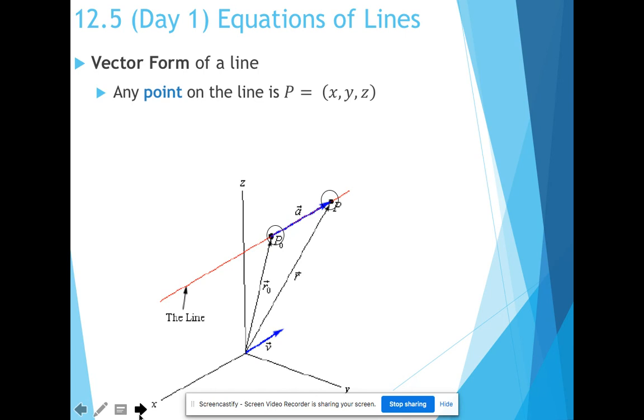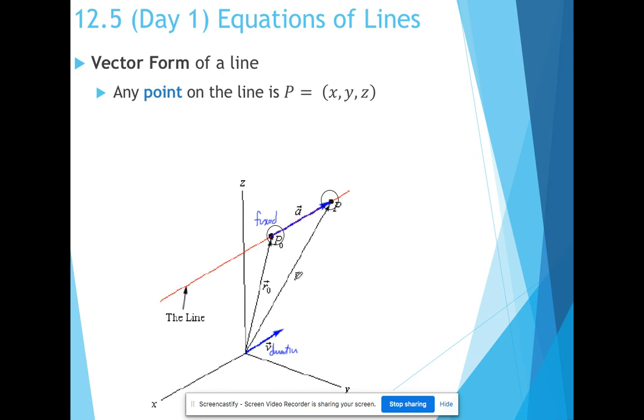Now, here is any point. This is the point that's going to roam. Fixed point, direction. And now this point could be any point on my red line. Notice that from the origin, I have a vector called r sub 0. R sub 0 goes from the origin out in space to p sub 0.